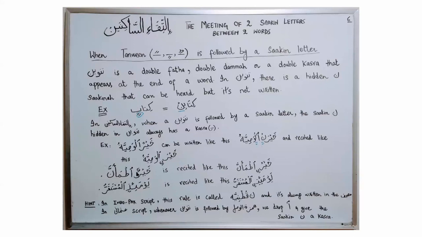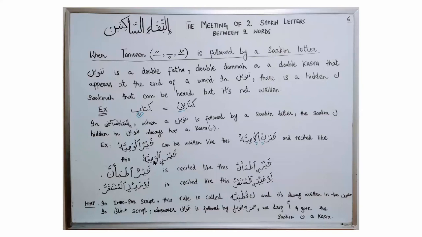And don't confuse if there is dhammatain or fathatain, the sakin noon will always acquire a kasra. It does not matter if the letter has a dhammatain or fathatain, as we can see in these examples. Here the ra has a fathatain, but when we are going to recite it, we will say khayranil wasiyatu, and we will not give this letter noon a fatha because there is fathatain.